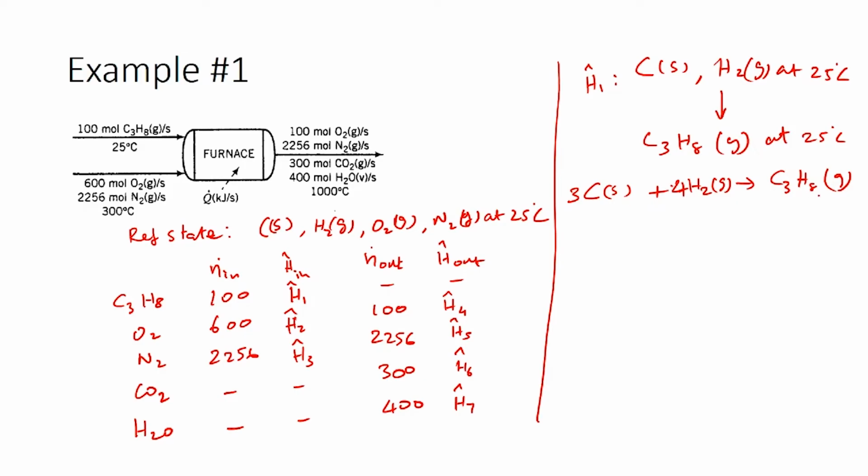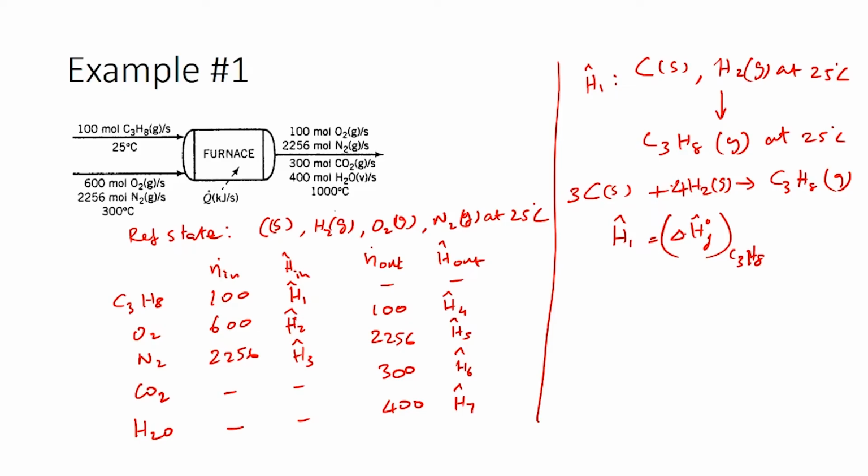So, this is the heat of formation, which would be the change in enthalpy. We can get the heat of formation from the tables or textbooks which we have. So, the heat of formation for propane gas would be equal to H1 cap. H1 cap is equal to delta HF degree of propane.